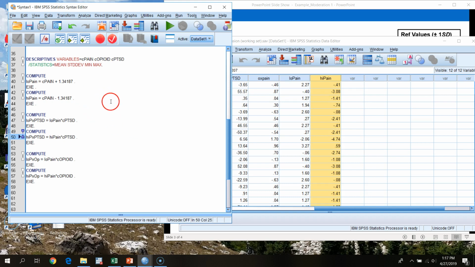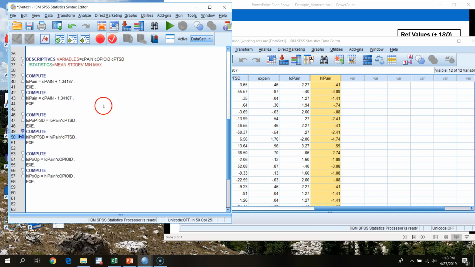And then, so that my model is all consistent, I'm going to rerun my model, but now I need new interaction terms corresponding to the interaction of pain and PTSD when I've adjusted pain so that 0 is consistent with low levels, and an interaction of pain and PTSD where my pain variable is adjusted to high levels.